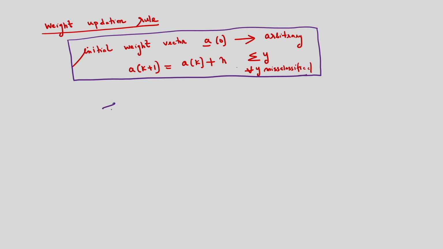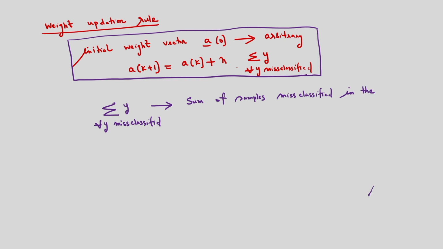Here the summation for all y which are misclassified is actually the sum of the samples misclassified in the previous iteration. So this is the weight updation rule.